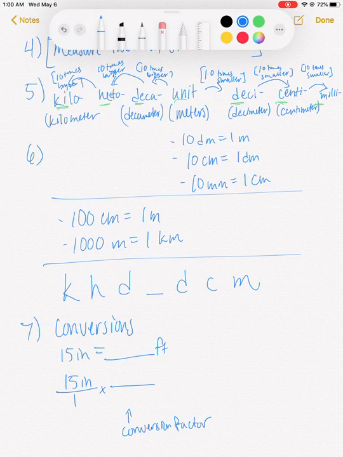Now the conversion factor is based off of these equations here. We know that we want to go from inches to feet, and that there are 12 inches in 1 foot. When we're multiplying fractions, we put the 12 inches down here in the denominator so that they can cancel at diagonals. There's 1 foot for every 12 inches, so this is a form of 1.